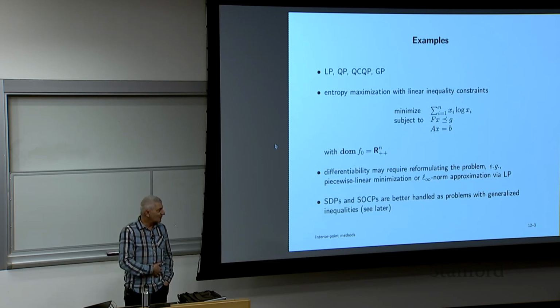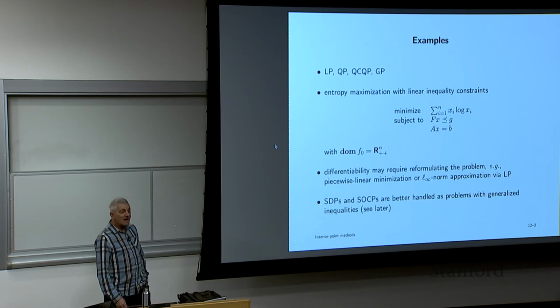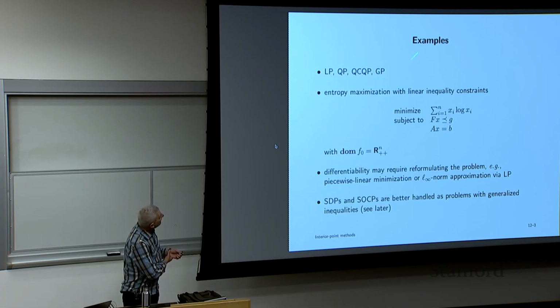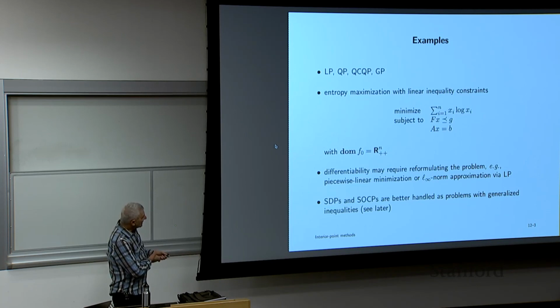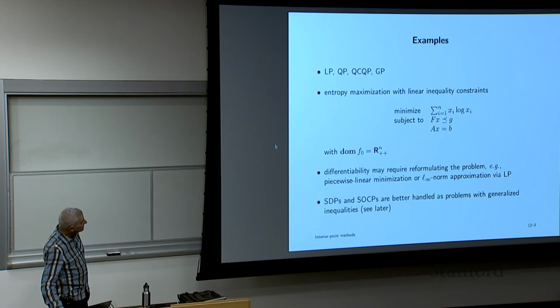Then this says, find me the maximum entropy distribution that satisfies those constraints. I think I already mentioned this sort of stuff. We'll get to things like SDPs and SOCPs. They handle problems with generalized inequality better, so we'll handle that later.